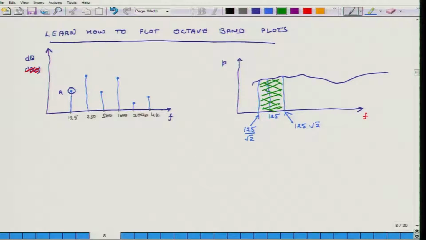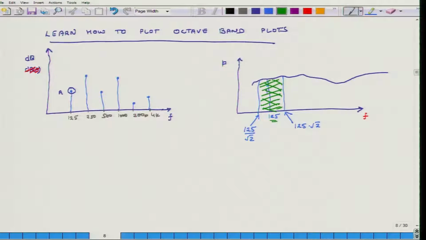Okay. So, this single point gives us information about all the energy contained in this band, which has a central frequency 125, an upper frequency of 125 times square root of 2, and a lower frequency of 125 divided by square root of 2. So, that is what it means.